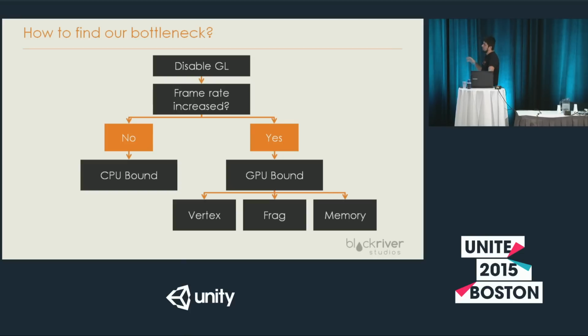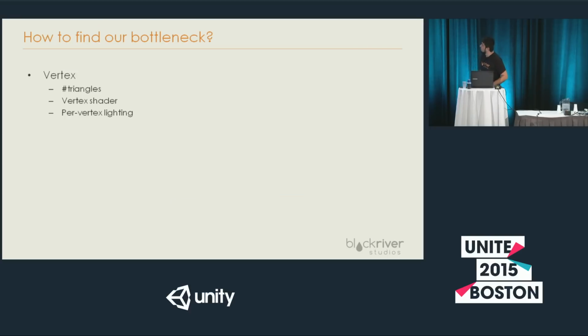On the GPU pipeline, there are a few macro stages that I've broken down there. It can be vertex, fragment shading, and you can be memory bound or bandwidth bound. On the vertex side, you might be pushing too many triangles to the GPU. You might have custom vertex shader effects, like bending geometry.